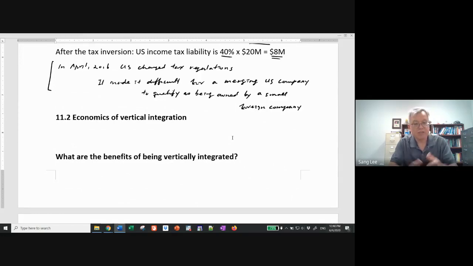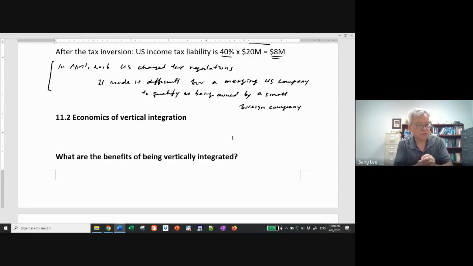Vertical integration is all about the manager's decision on how to choose the length of the supply chain, or the firm's vertical boundaries. So it's all about the benefits and cost. What's the benefit when you are vertically integrated, and what's the cost? So you compare cost and benefits.